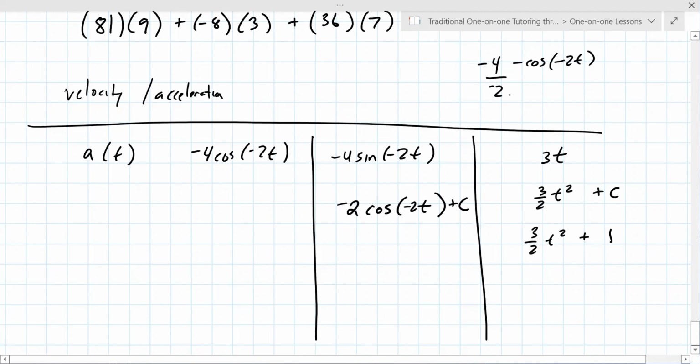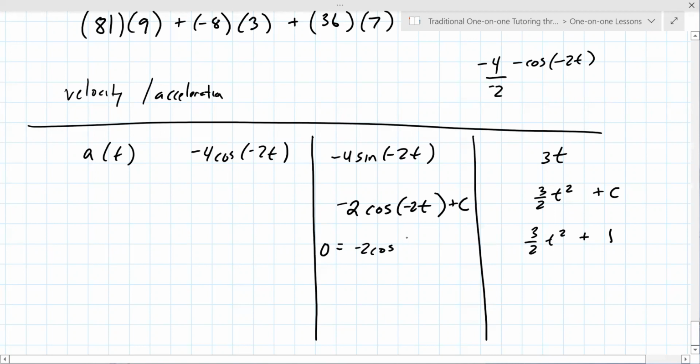So then you put 0 in for t. Cosine of 0 is 1, so this is -2. I thought the 0 went where the c is. No, it goes in for t.